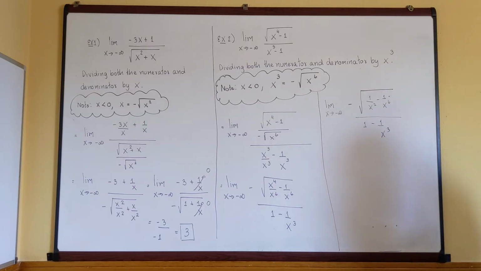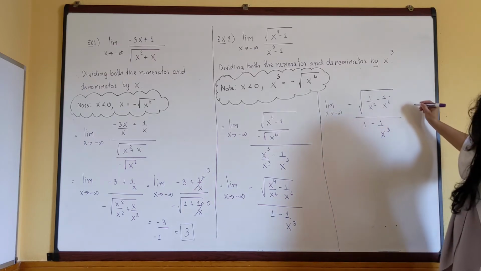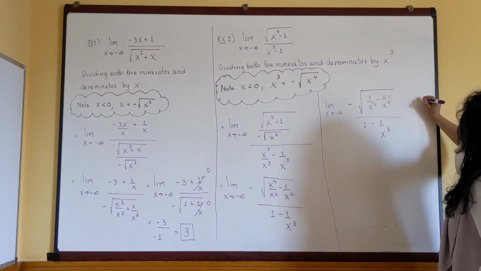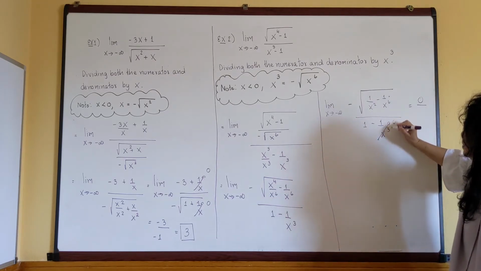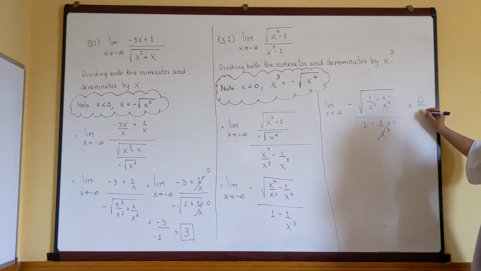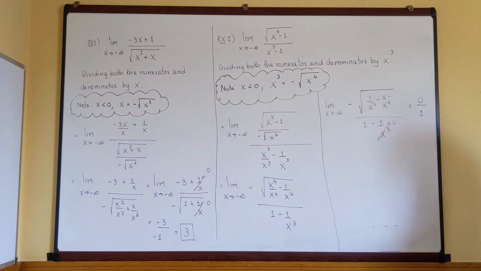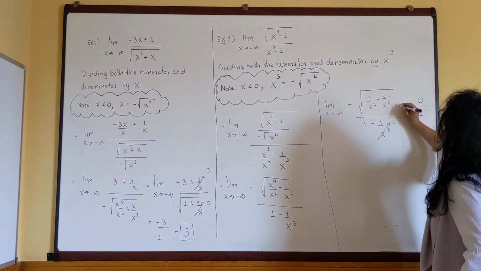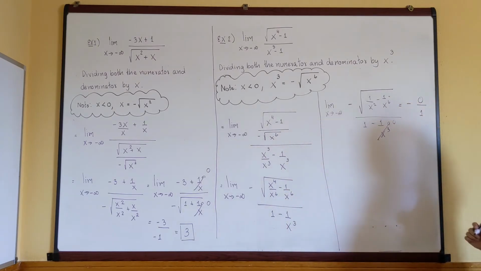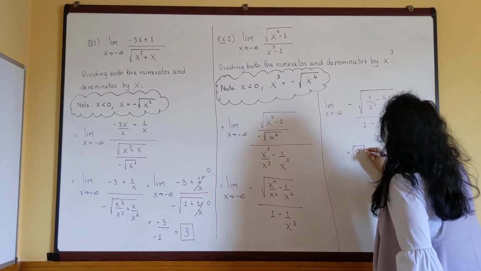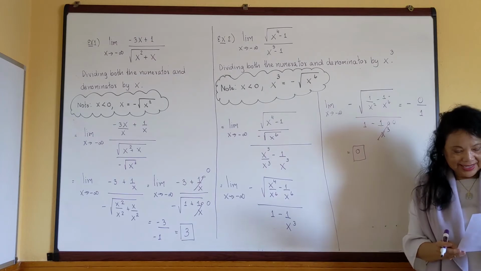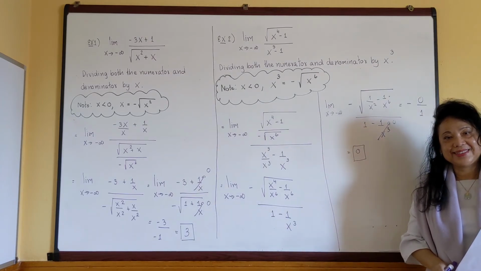So as x goes to negative infinity, I would have 0, negative 0 is just 0 on the numerator. This term will go to 0. Then I will have 1 on the denominator, I forgot the minus, which just doesn't really matter. Then I would have 0. Alright, let's go to the next example.